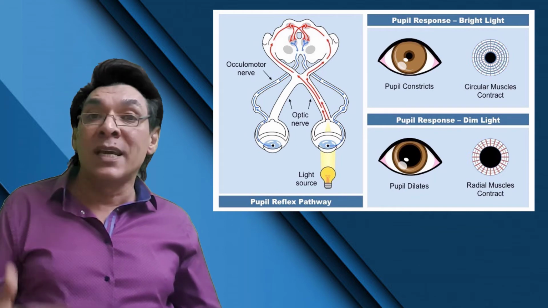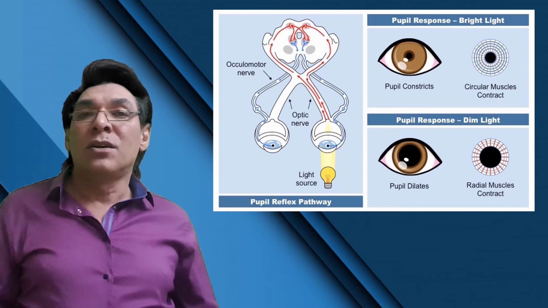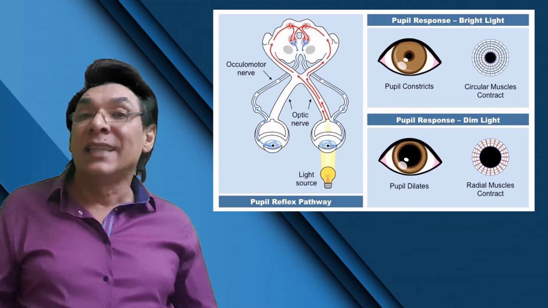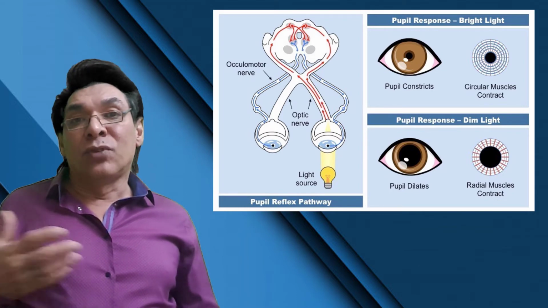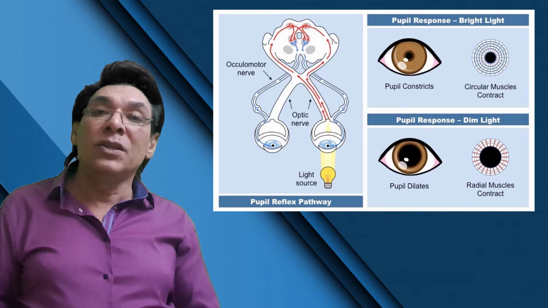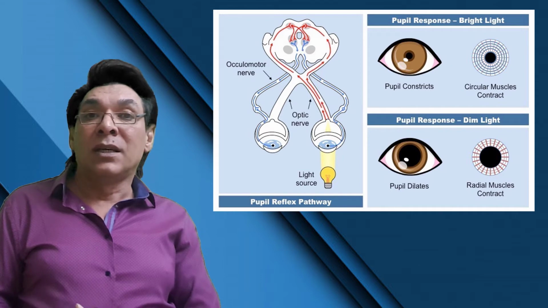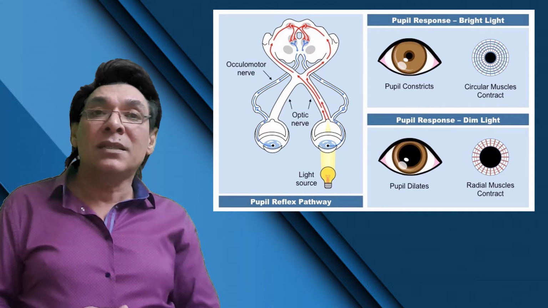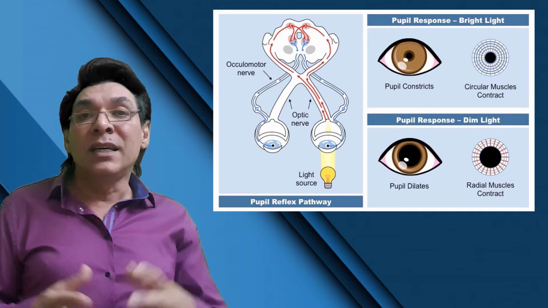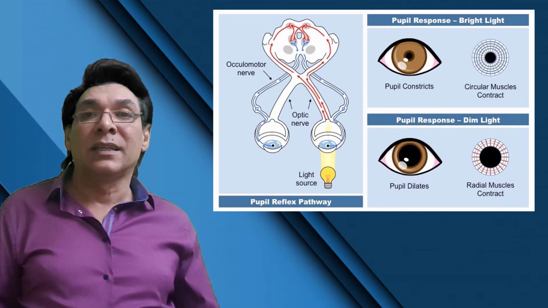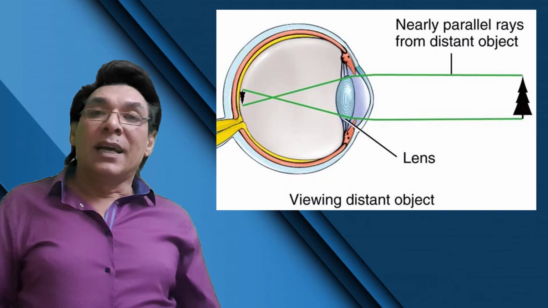Contraction of the radial fibers, in dim light, causes it to dilate. Radial muscles are innervated by the sympathetic nervous system, but circular muscles are innervated by the parasympathetic.